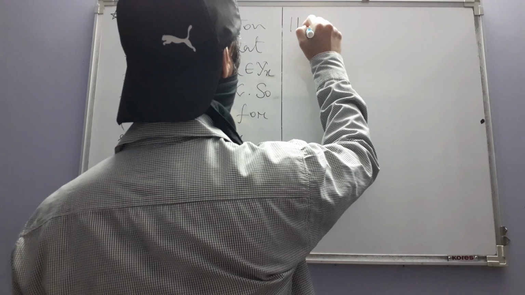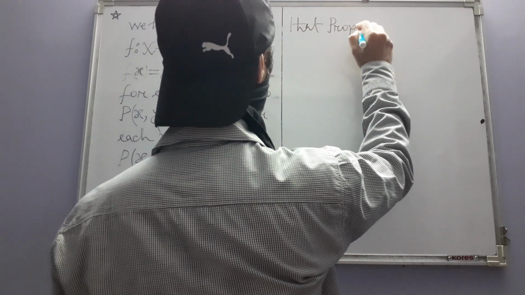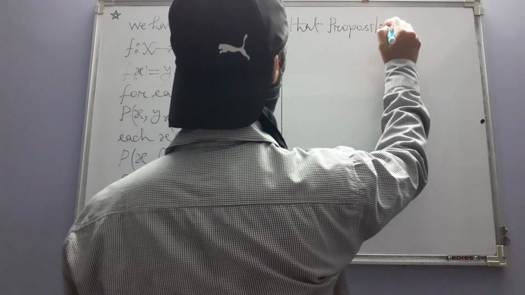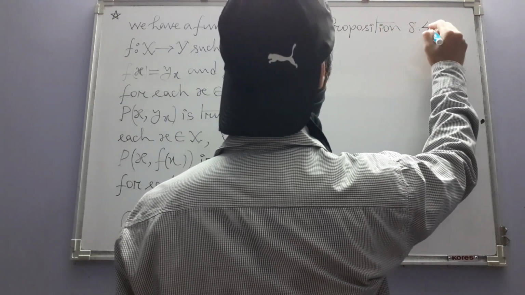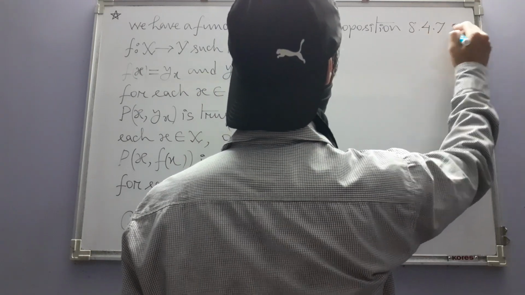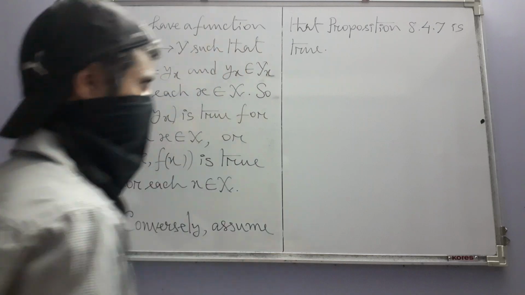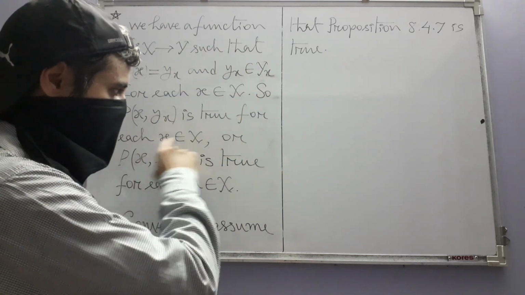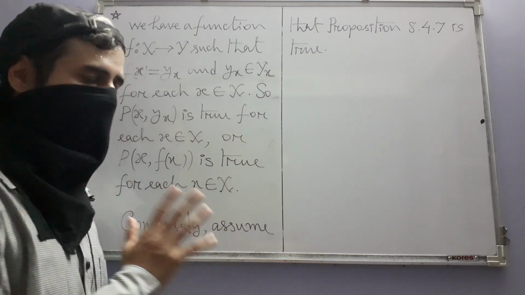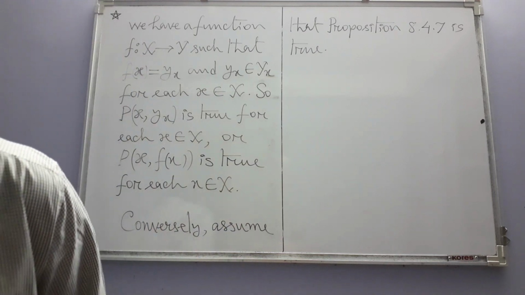So that means the existence of such a function satisfying these properties is given, and now we have to prove the axiom of choice.